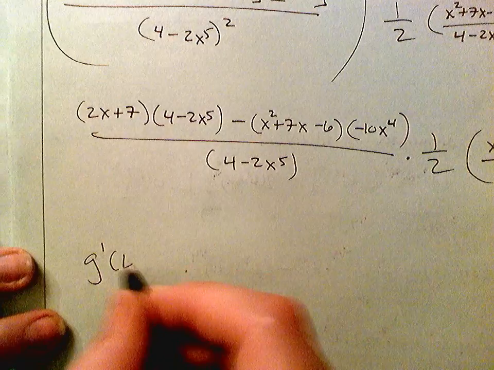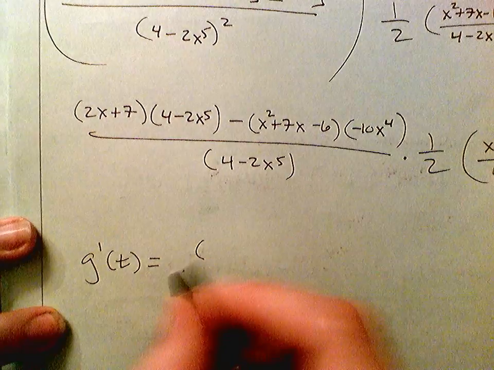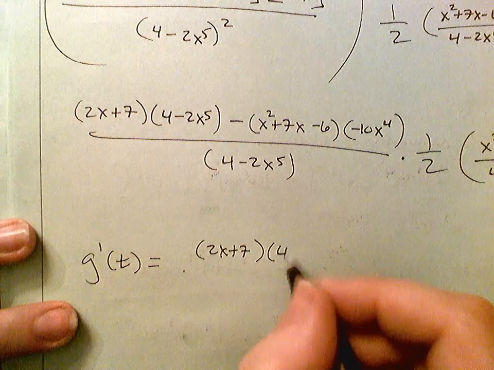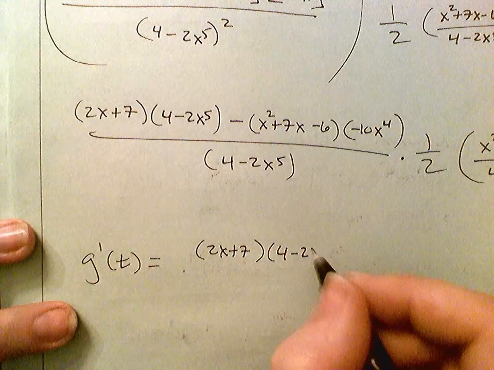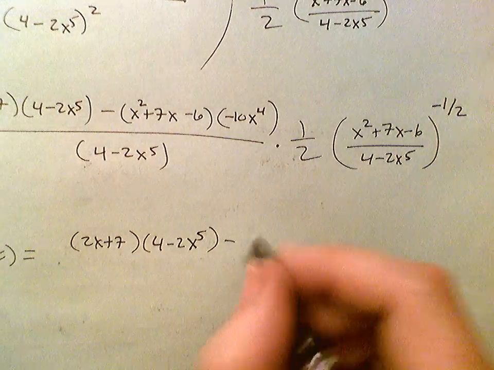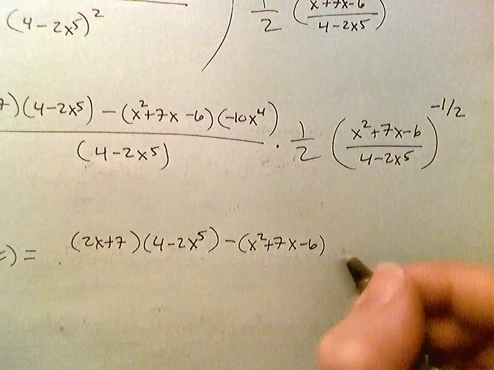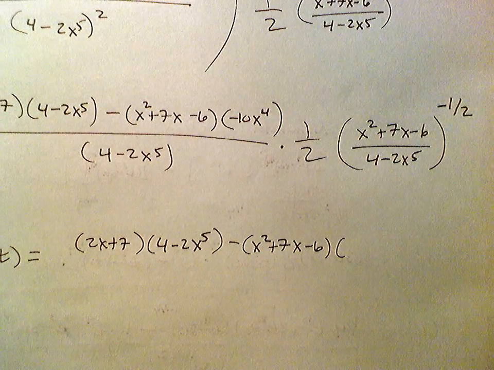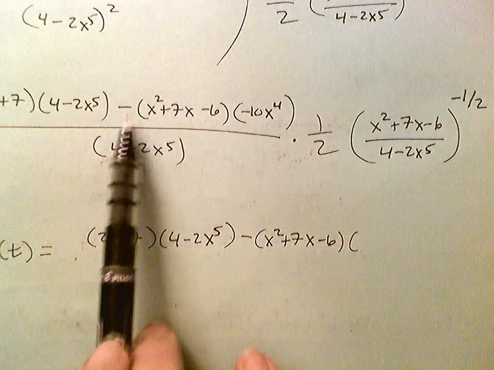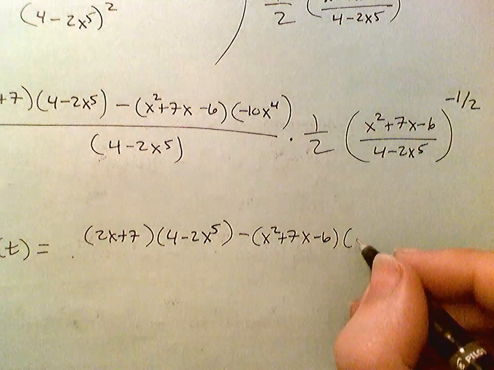So g prime of t equals, I've got 2x plus 7. You could even stop, guys, where we were up above. Times 4 minus 2x to the 5th, minus x to the 2nd plus 7x minus 6. Actually, I think it'd look even nicer if this was a plus 10x to the 4th. I'm writing in pen though.